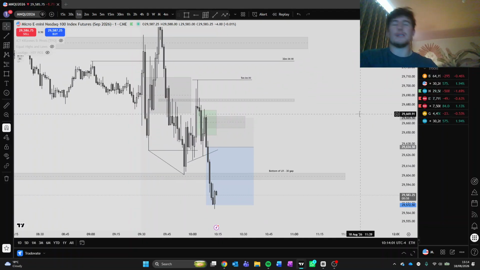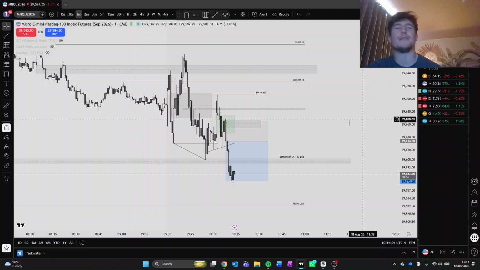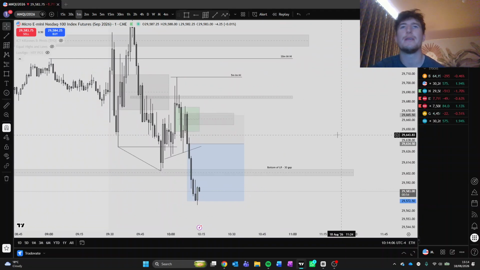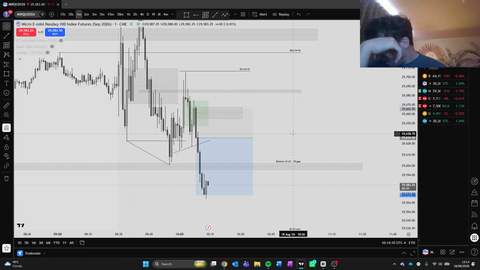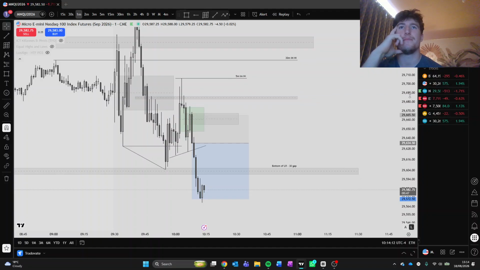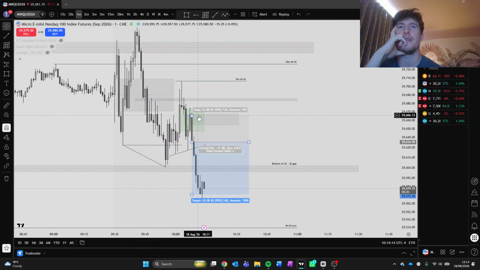I think sometimes I just need to get the S&P 500 out of my head. So I decided I wasn't going to take that trade because of ES, and it's just played out. You could have a really tight stop there.